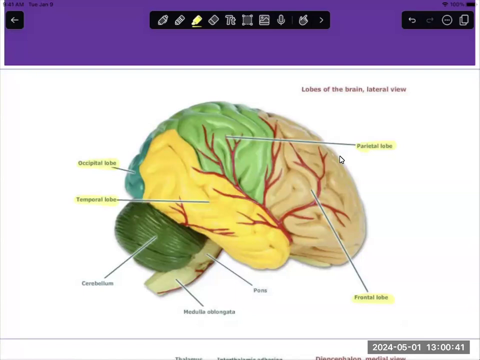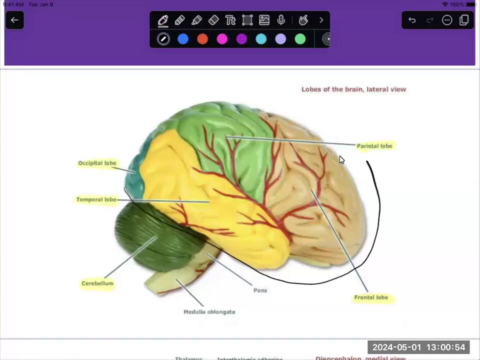Underneath this occipital lobe, we have the cerebellum. That cerebellum sits below what is known as the cerebrum. The cerebrum is this entire portion of the brain.